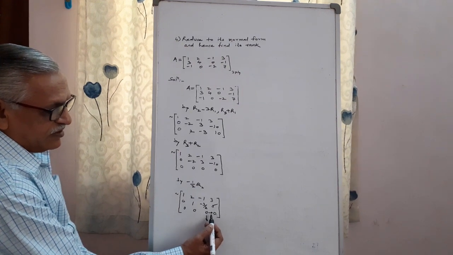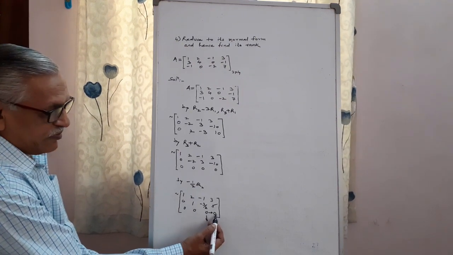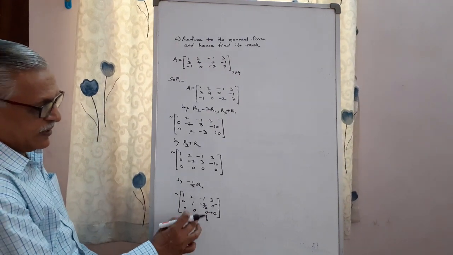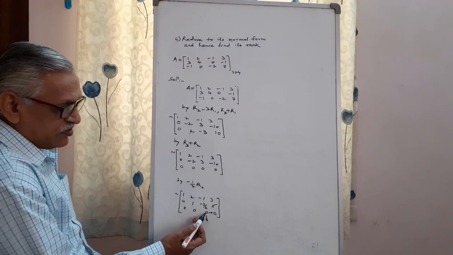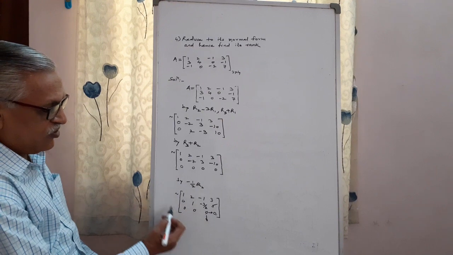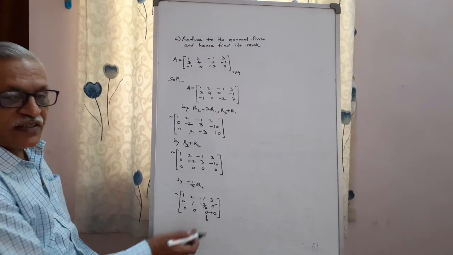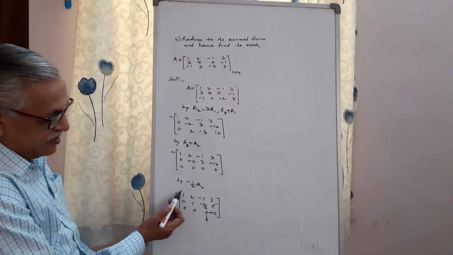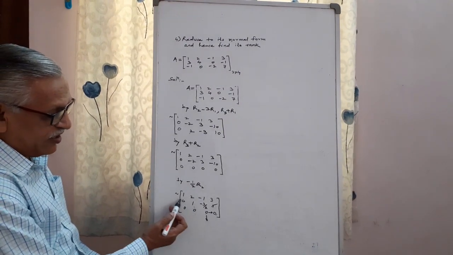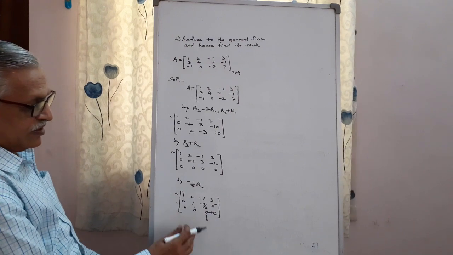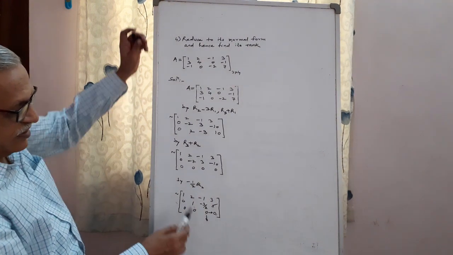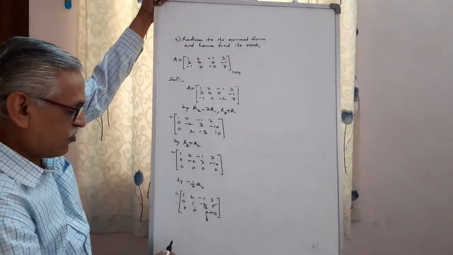If we interchange columns, 0 remains 0 because the other element is also 0. Therefore, it is not possible for us to make this 0 element non-zero. Whatever form we are getting is the canonical form, where the diagonal elements are 1 each, the lower elements are 0, and the third diagonal element becomes 0 in the process.